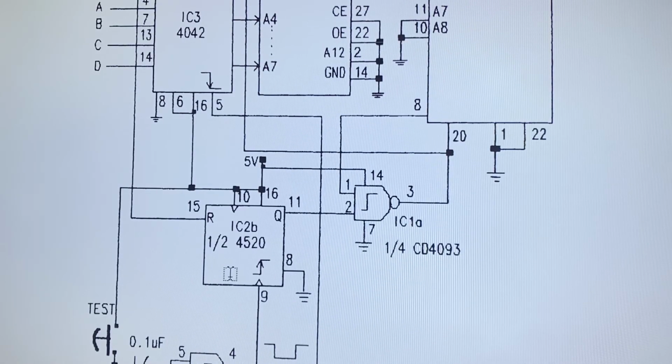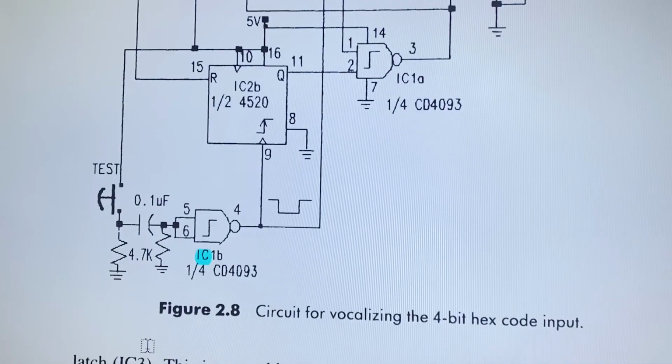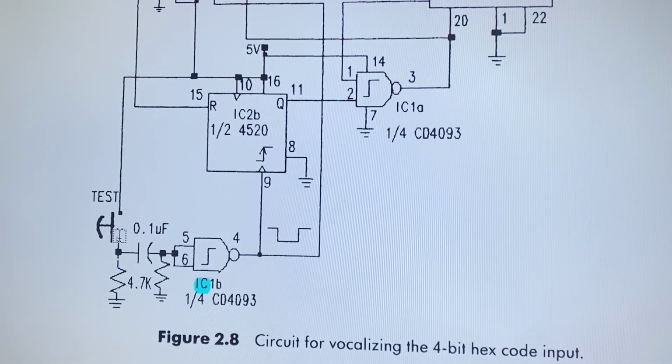The 4520 acts as a flip-flop where you enable this gate to start oscillating. And this is a circuit that debounces the switch by generating a transient pulse, and then you get a clean low pulse, and when it goes high, it starts acting on the counter.